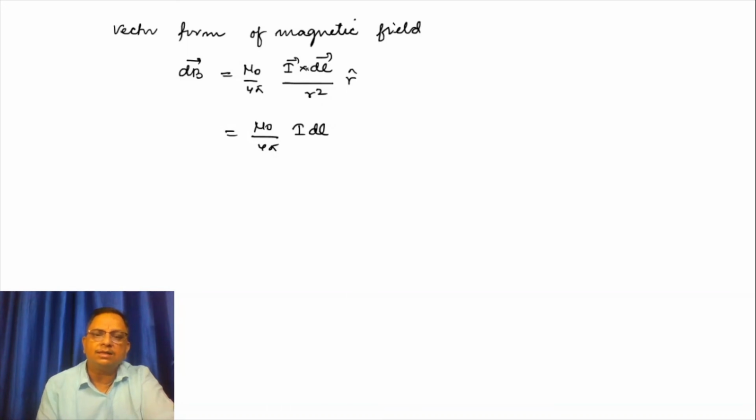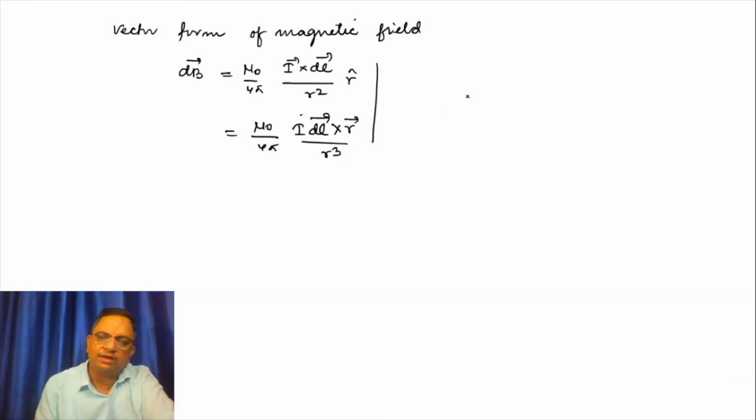We consider it as I dl cross r over r cube, and this is calculated.